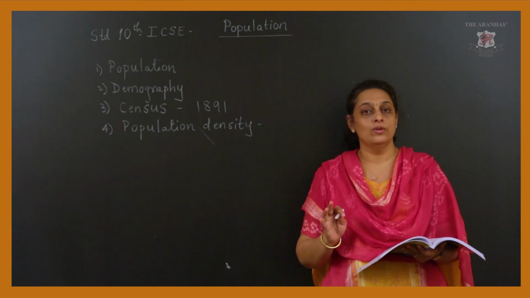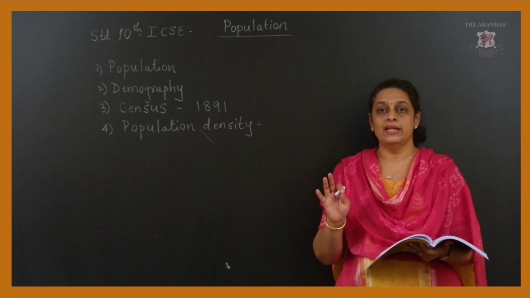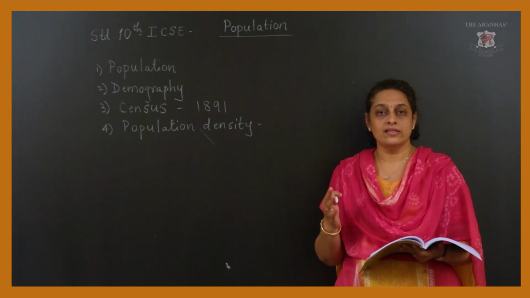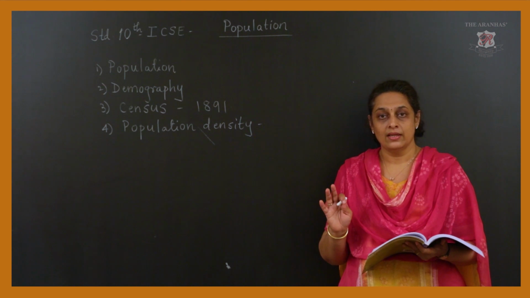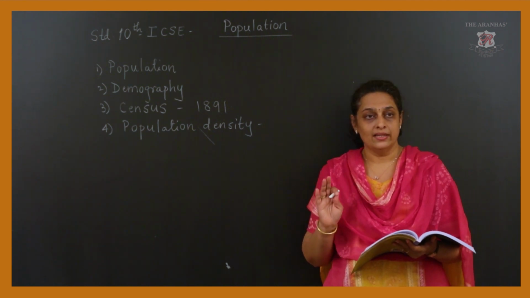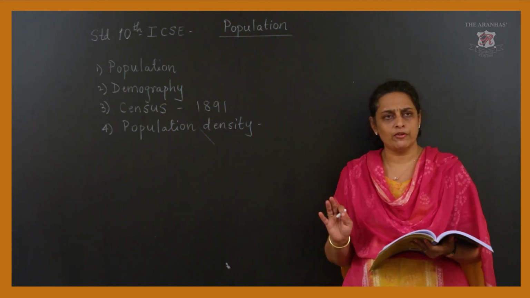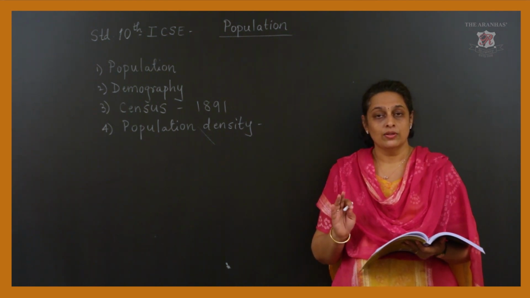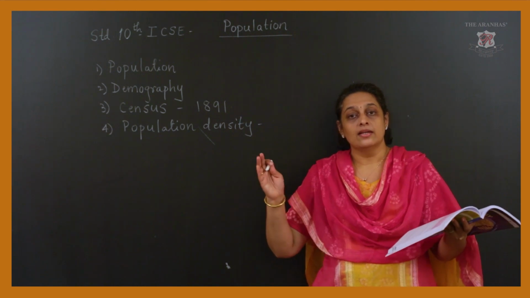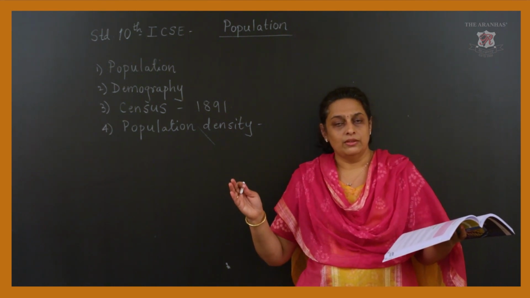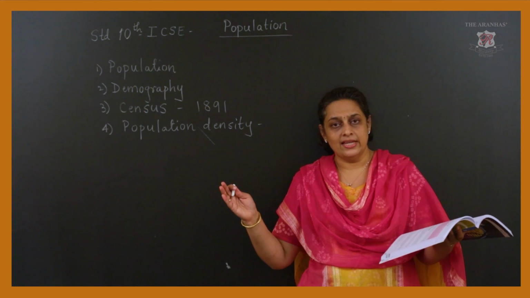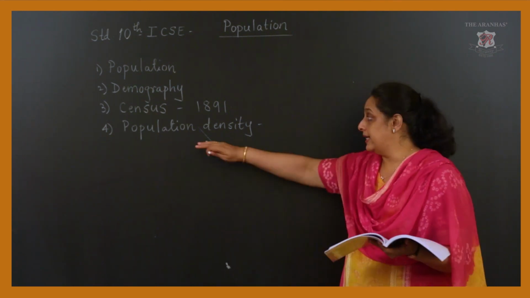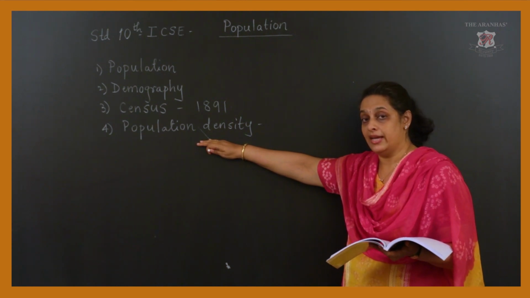Okay, now I will give you a very simple example. We all are Punekars, we live in Pune. In Pune city, you will see large number of people living in this city. So, you can say Pune city is highly populated, which means that density of Pune city is very high.